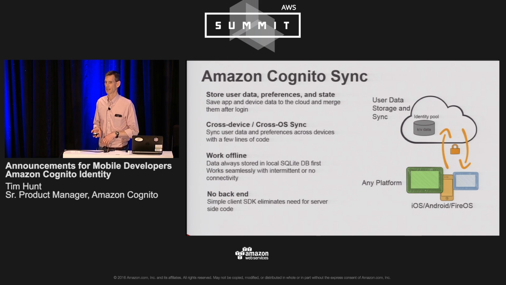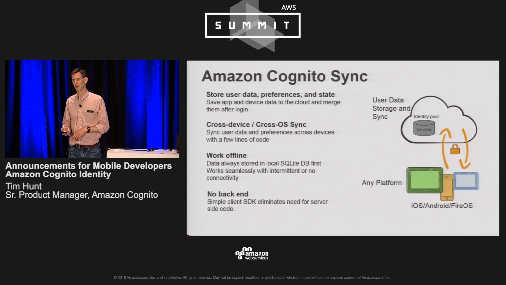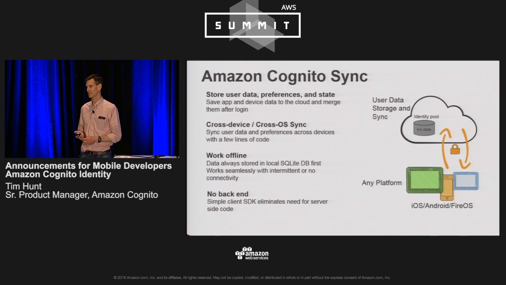I mentioned that Sync enables you to store user data. It can be preference data. It can be state. It can be the progress that a user's made in your application. That can include their preference settings, their progress, maybe their accomplishments in a game or their state in a workflow. And then it allows you to easily, from your client app, synchronize that data to another device.